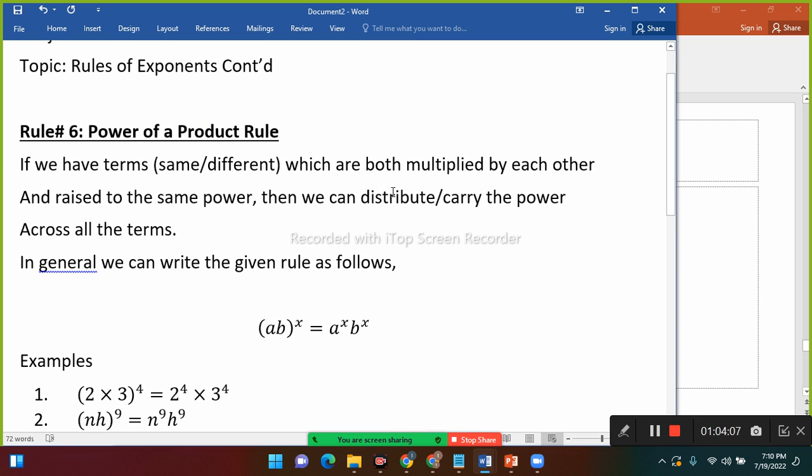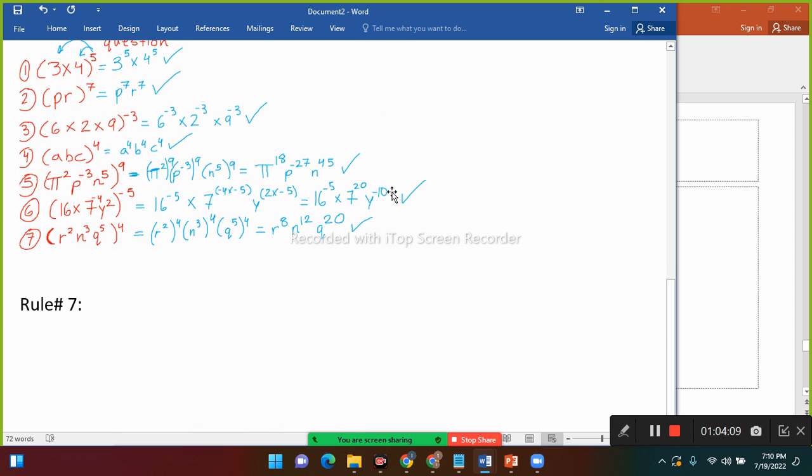So rule number 7, the power of a quotient rule, or power of a fraction rule.